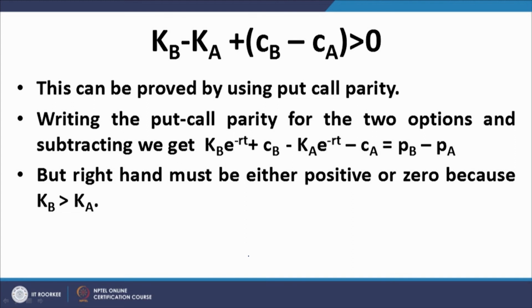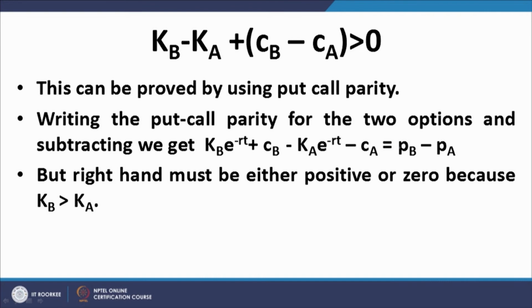What we have is K B e to the power minus R T plus C B. The S naught factor in the put call parity equations will cancel out, and what we will be left with is K B e to the power R T minus C B minus K A e to the power R T minus C A is equal to P B minus P A.